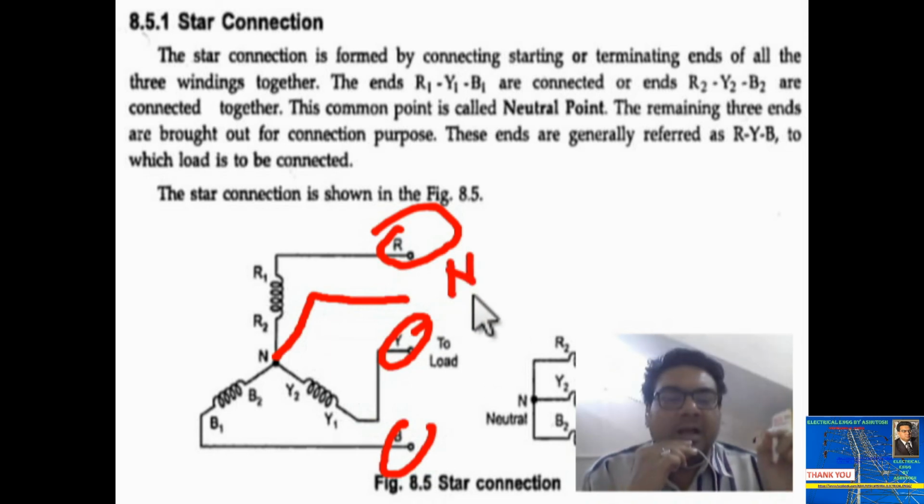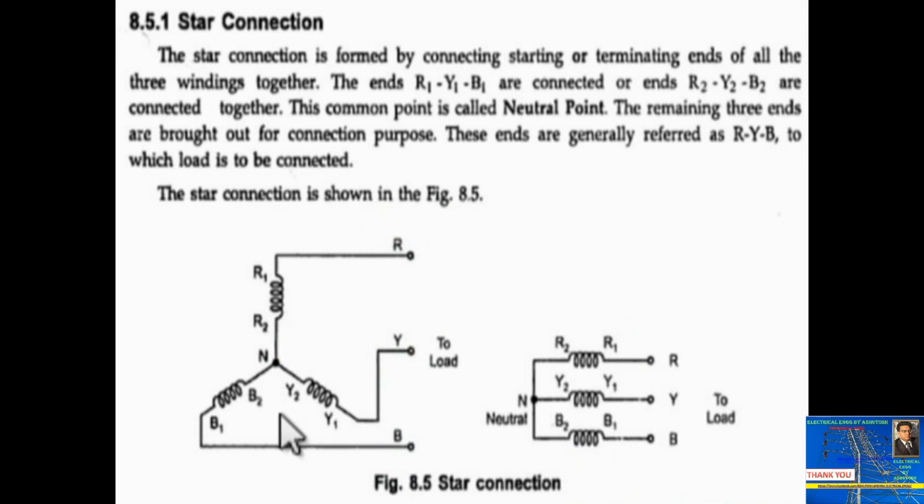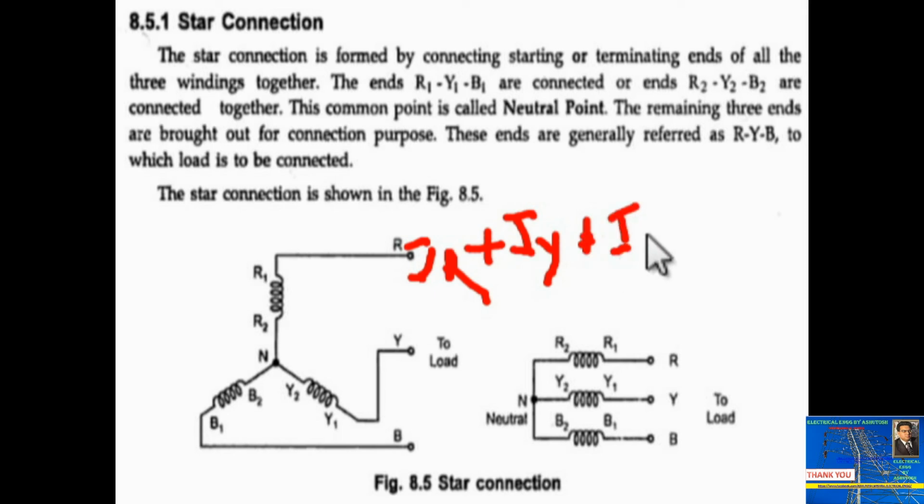So guys, during balance condition, the summation of all the currents IR plus IY plus IB is equal to 0, and that will be equal to the neutral current. You see here, in a balanced situation, the current in the R phase, plus the current in the Y phase, plus the current in the third phase IB, is equal to 0, and that is equal to the neutral current.